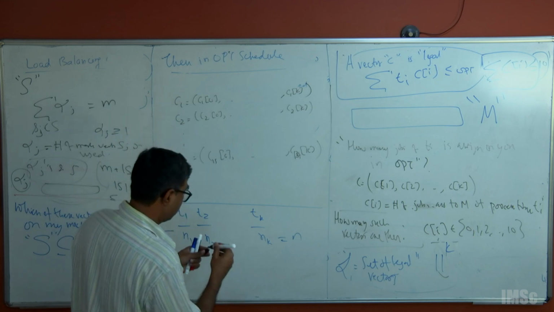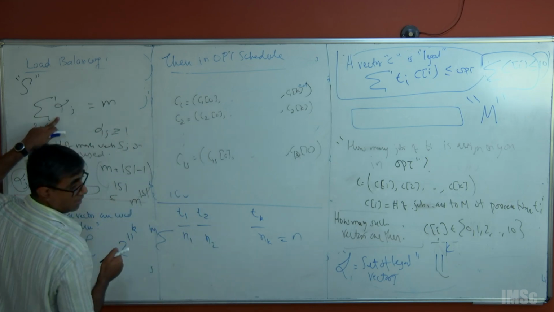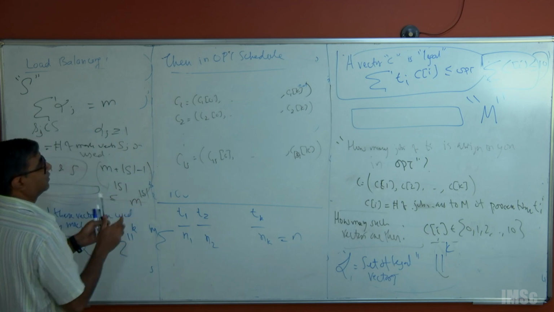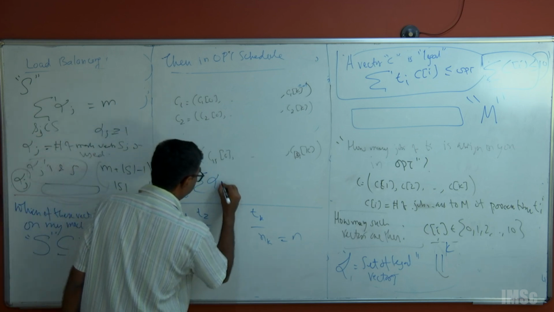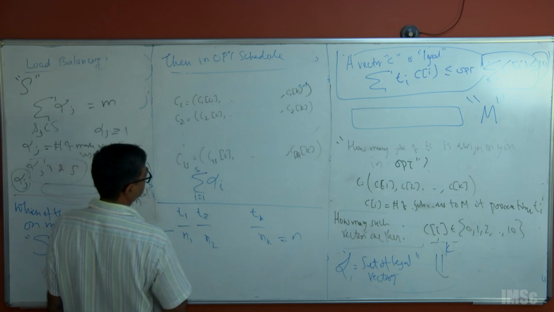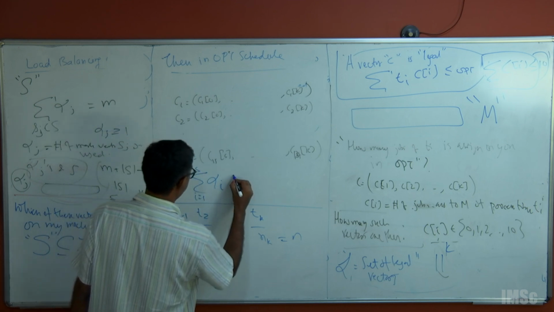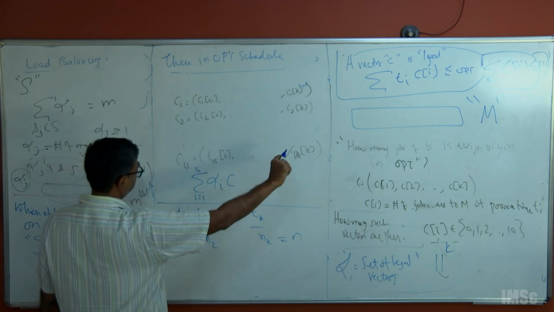This is used how many times? C1 0 is used how many times? Alpha I times. So let us multiply with alpha I. If I write summation of alpha I, I going from 1 to S, this is alpha I, right?